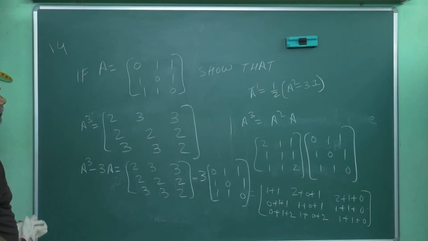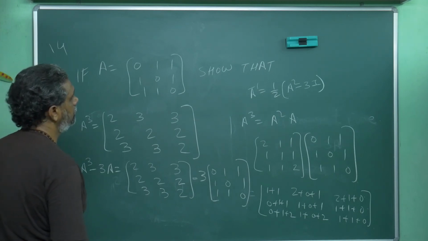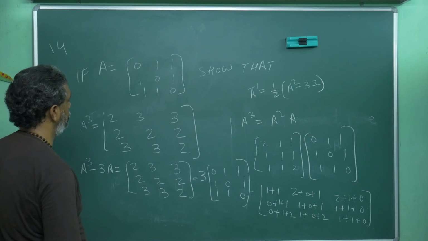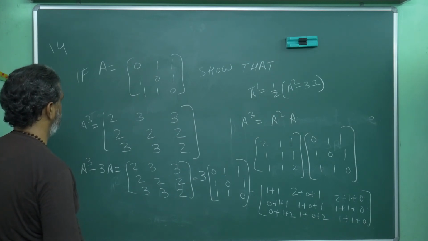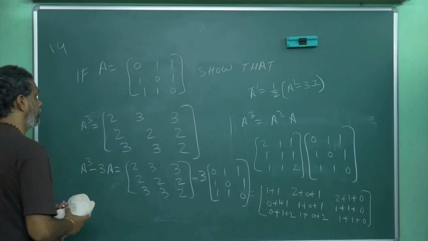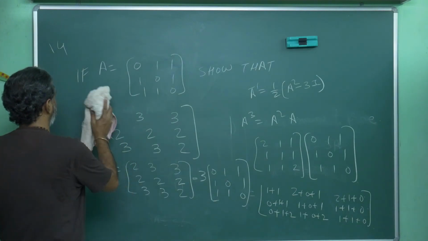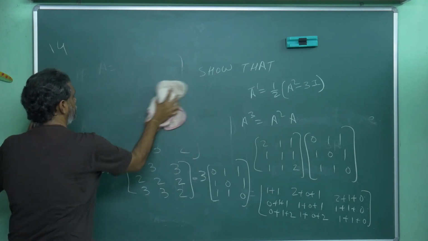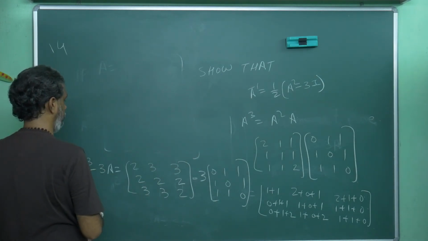Okay. A cube minus 3A is equal to 2I, which is 2 A inverse. Then what will you get if you multiply?